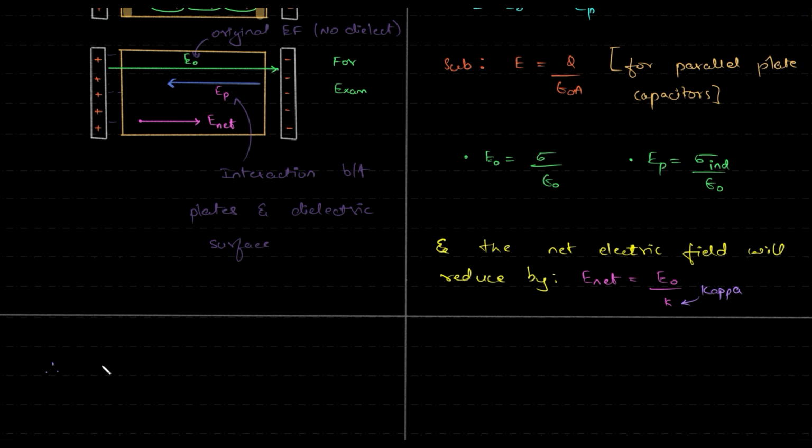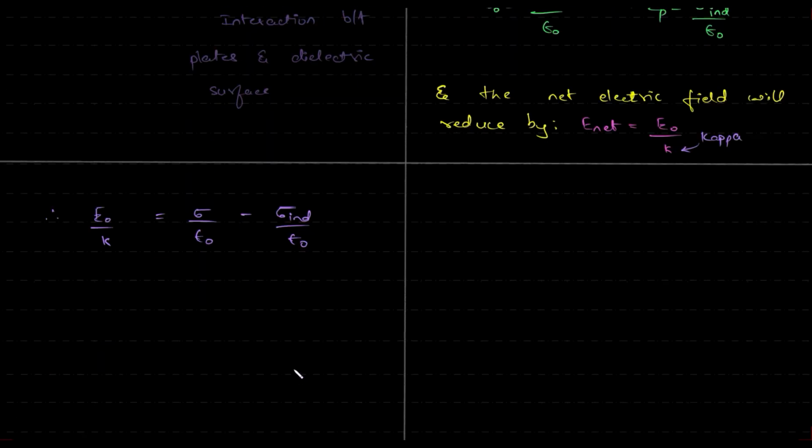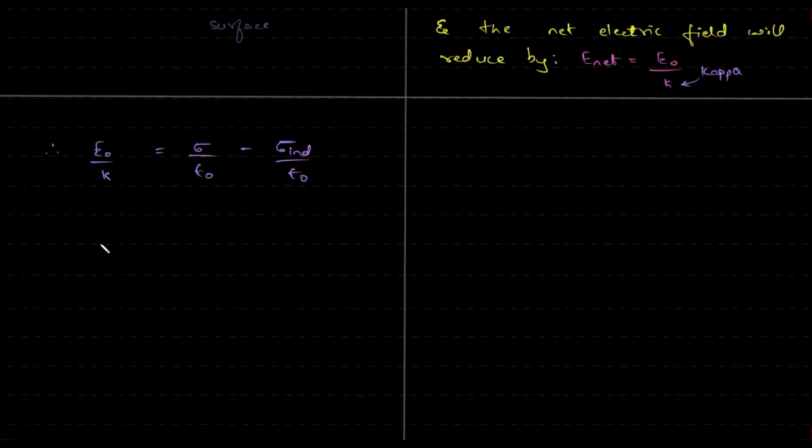So all in all, therefore, E naught by K, right, should be equal to sigma by epsilon naught minus sigma induced by epsilon naught. We are trying to figure out the induced density. Okay, guys. So let's get an expression for induced density. On the LHS, we have K epsilon naught, and okay, we need to rearrange.